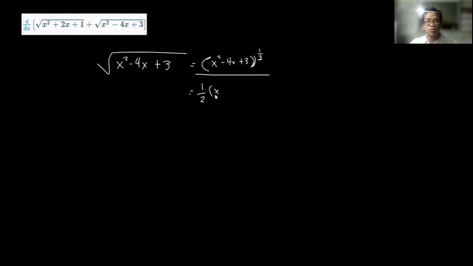Then x squared minus 4x plus 3, raised to 1 half minus 1. Then times the derivative of the inner part, which is x squared minus 4x plus 3. So this would be 2x minus 4. And that's it.